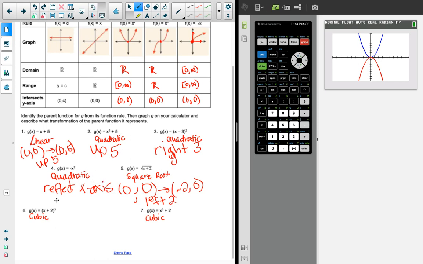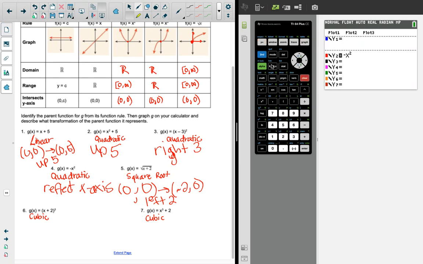So that takes care of our quadratics. We've done a linear and a square root. Let's take a look at our cubic functions now. So let's do x cubed. And then our first one is x plus 2, that quantity, x plus 2 cubed.